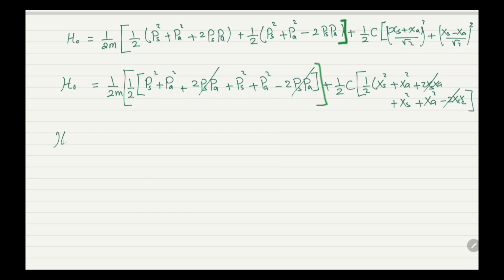So the Hamiltonian in this case equals, and this one here, 2 ps plus 2 pa, they cancel out as well.